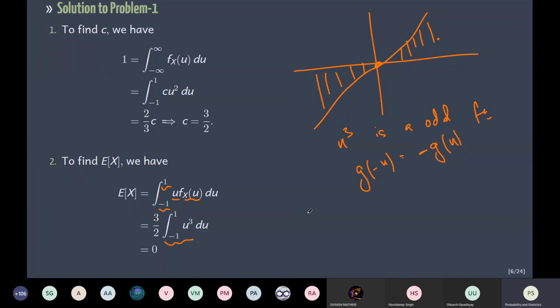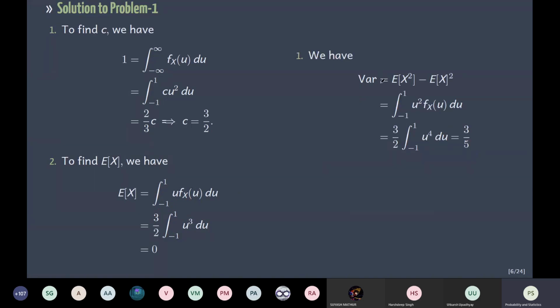If the range of integration is also symmetric about the origin, then the integration cancels out. This is like a positive area and this is like a negative area.